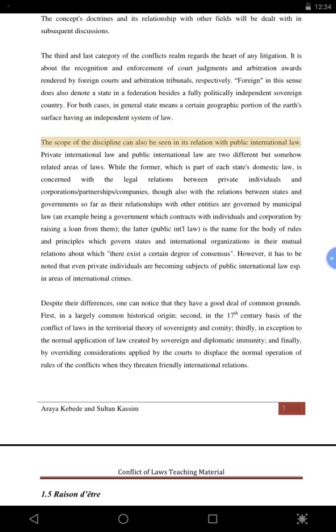The scope of the discipline can also be seen in its relation with public international law. Private international law and public international law are two different but somehow related areas of law.